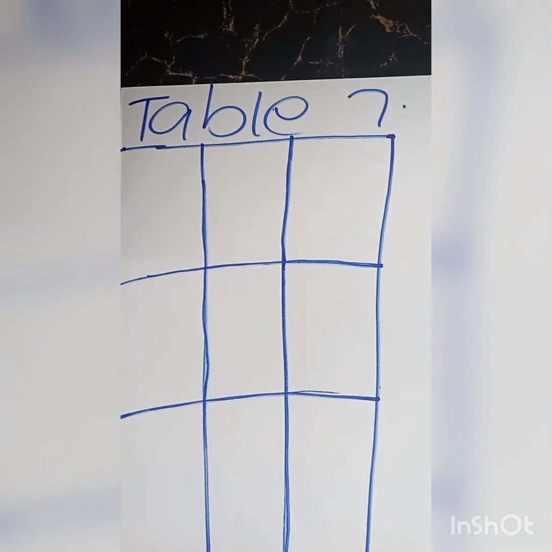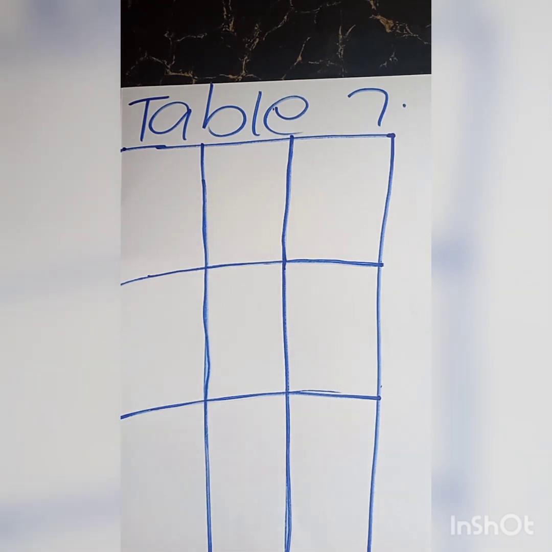For table 7, we'll also draw a table that has 3 columns and 3 rows, just like the one we drew when we were doing tables 3 and 6. For the digits in the ones place, the concept is the same as for tables 3 and 6.